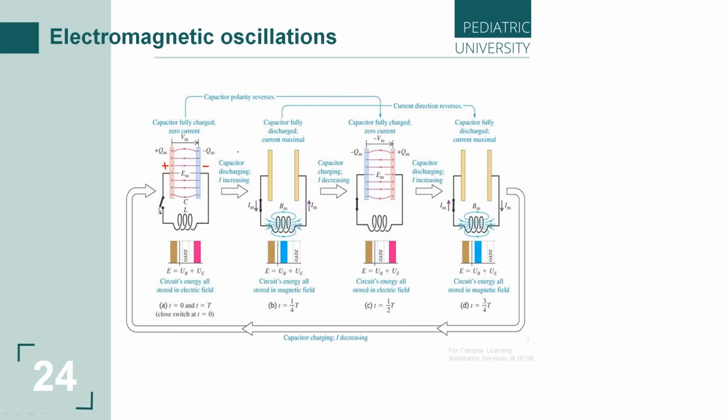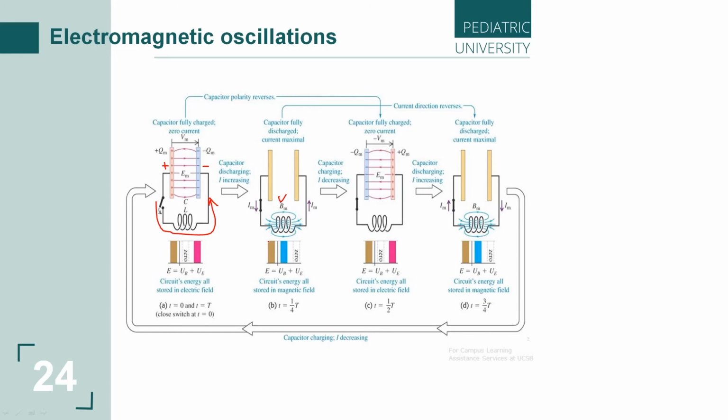What happens? The capacitor is discharged and a current appears in the coil, increasing. Don't forget that the charges go from plus to minus. The direction of current will be from plus to minus. What happens in the second stage?